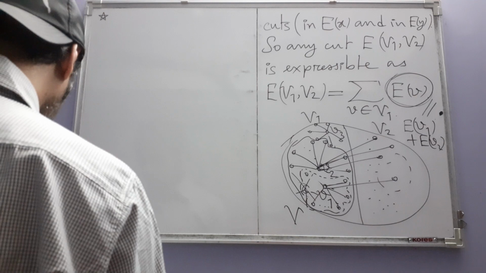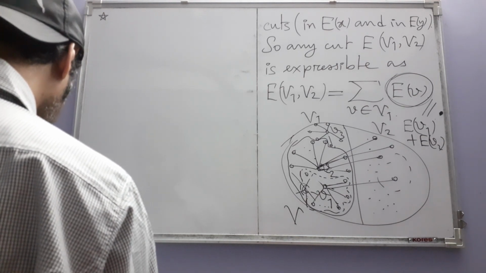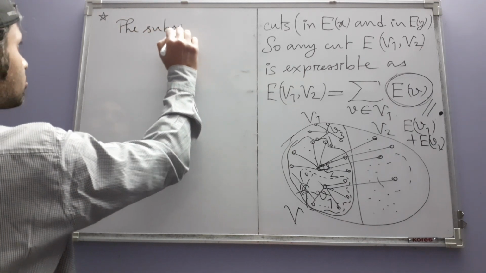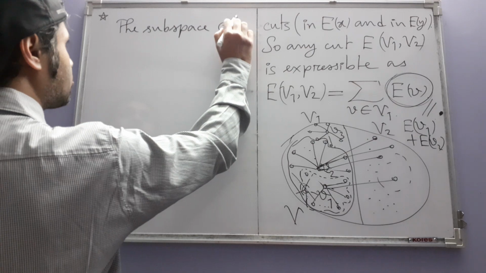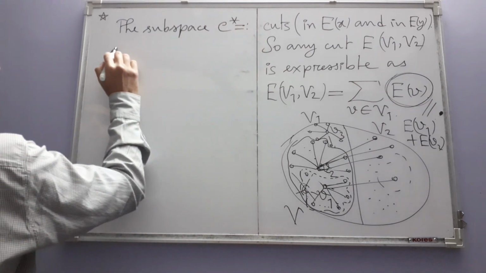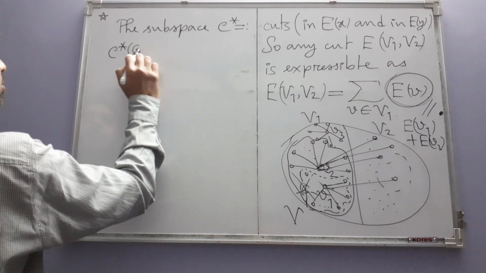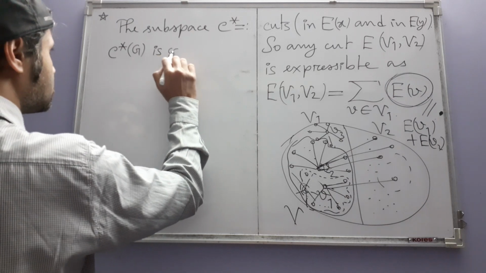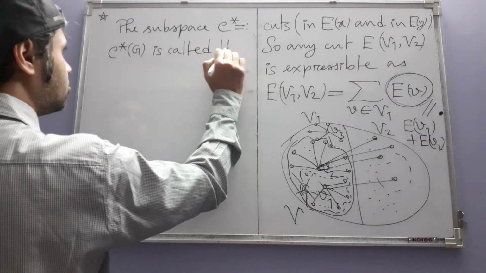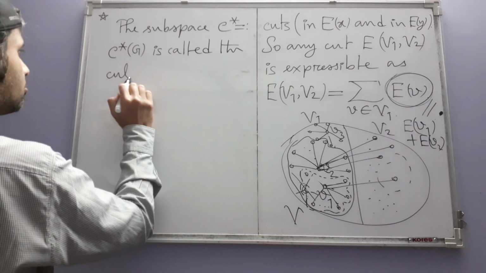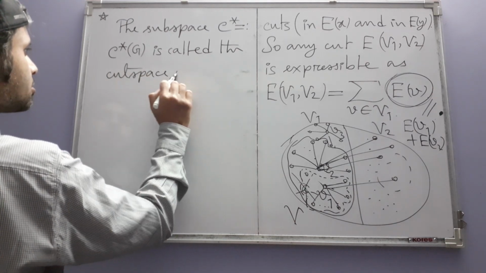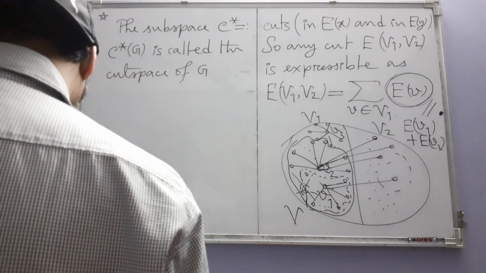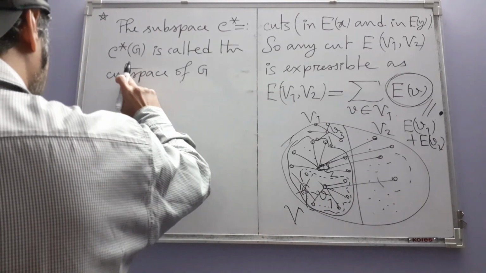And the author continues, the subspace C star, which is more precisely C star of G, is, from the above proposition, called the cut space of G. Is cut space a single word? No, I think they are two words.